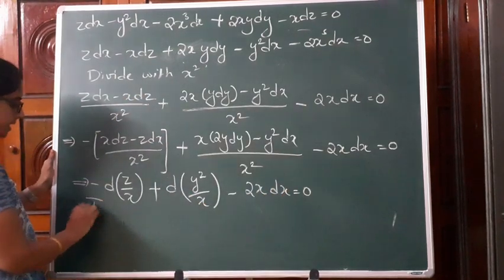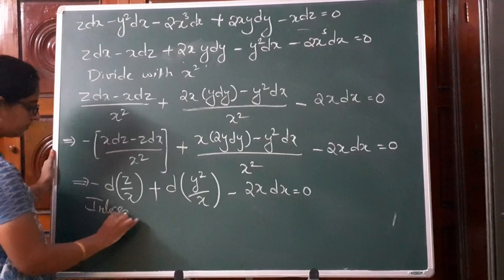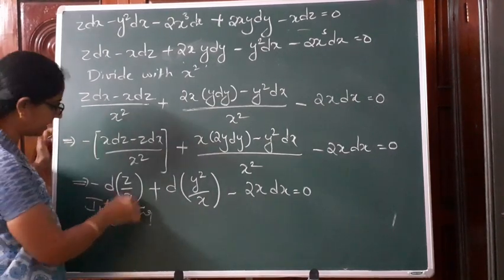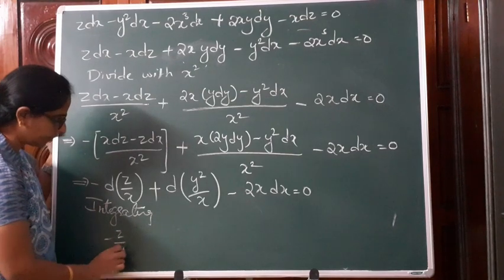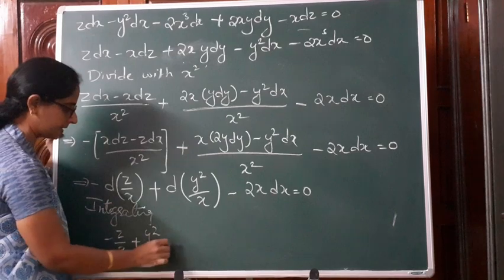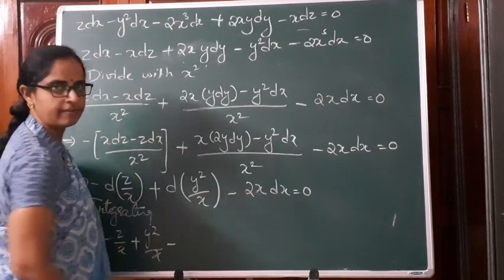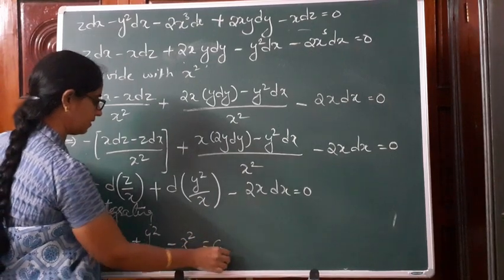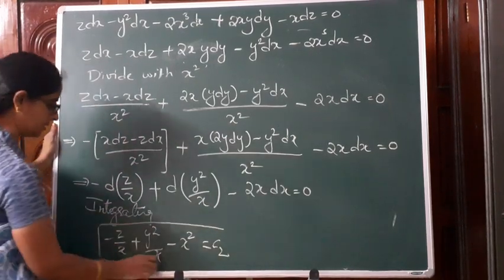Now upon integrating, integral and derivative cancel, we get minus z by x plus y square by x minus 2 into integral of x, which is x square by 2. So 2 gets cancelled, x square is equal to c2. This is the second solution.